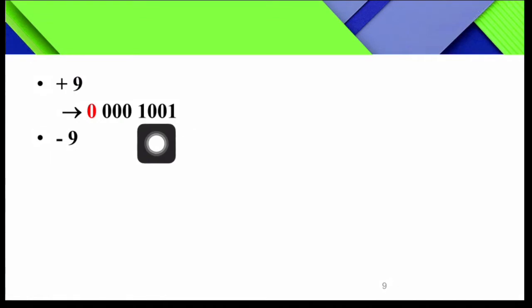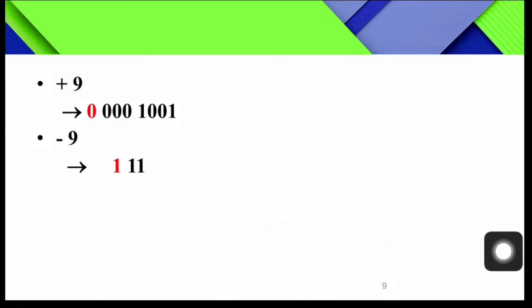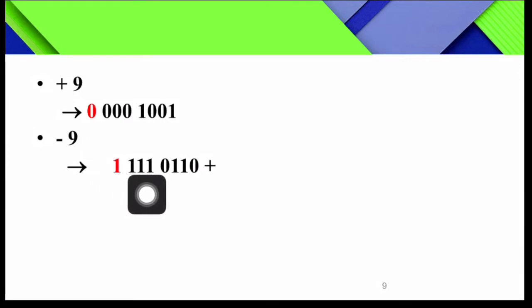When we replace all zeros here with 1 and all ones with 0, we get the 1's complement of 9. That is given here: 1, 1, 1, 1, 0, 1, 1, 0. This 1 denotes the sign bit and these 7 bits are the 1's complement of 9.